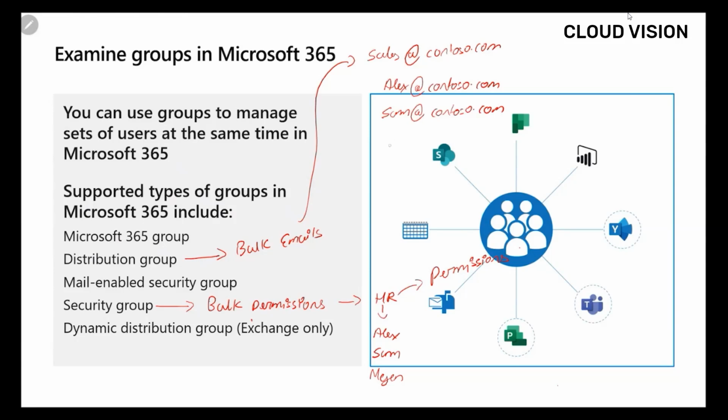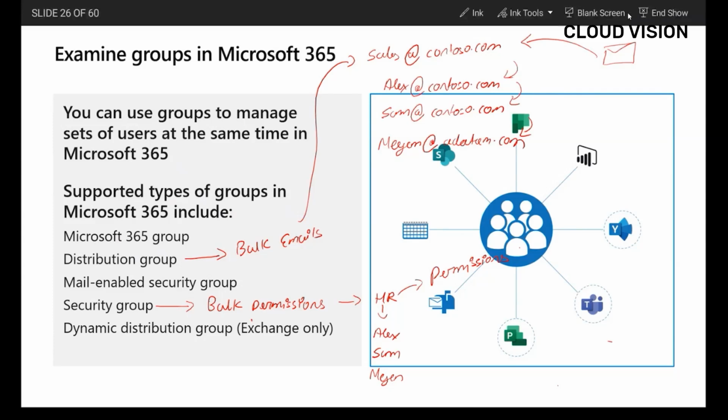And you can add a mail contact as well. This will be a recipient that is outside your organization, maybe Megan at adatum.com. So now if someone sends an email to sales at contoso.com, the copies of this email will be redirected to each individual member who is part of this distribution group. So distribution groups are used for sending bulk emails.